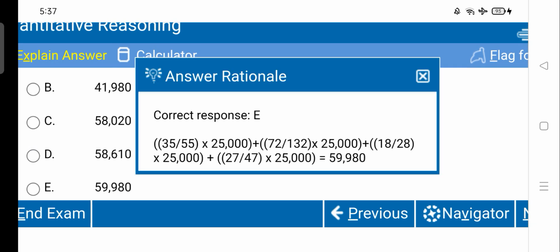35 divided by 55 multiplied by 25,000, plus 72 divided by 132 multiplied by 25,000, plus 18 by 28 multiplied by 25,000, plus 27 by 47 multiplied by 25,000 equals 59,980.